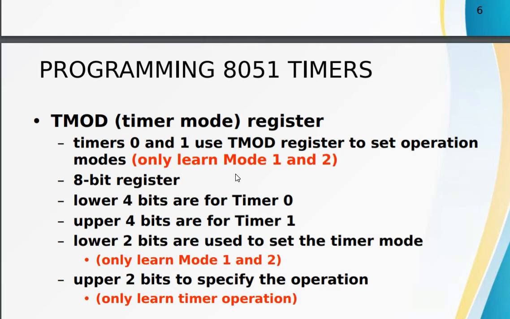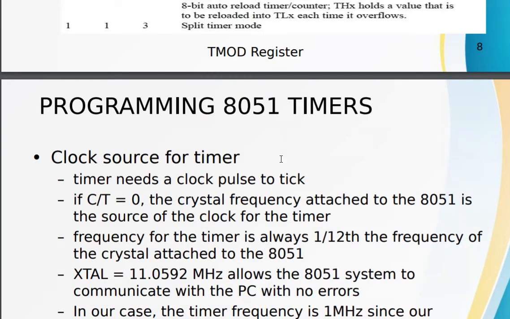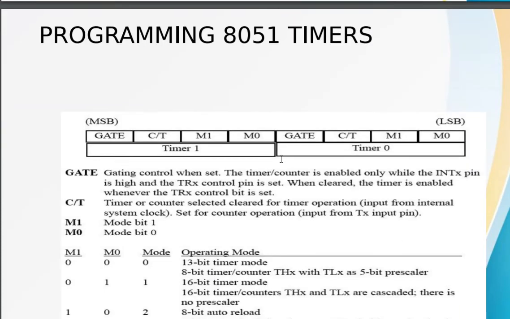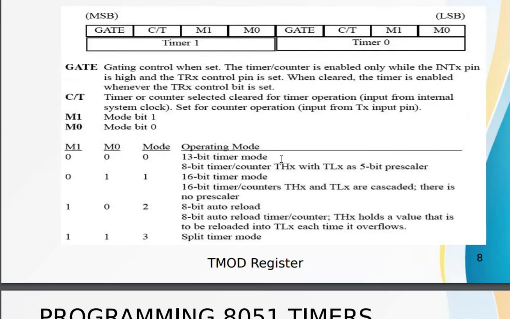To set the operation, we have to use TMOD, the timer mode register. Timers 0 and 1 use the TMOD register to set the operation. Let us see what happens in mode 0, mode 1, mode 2 and mode 3.